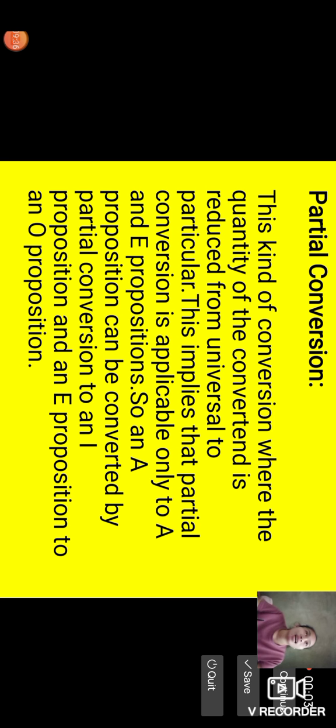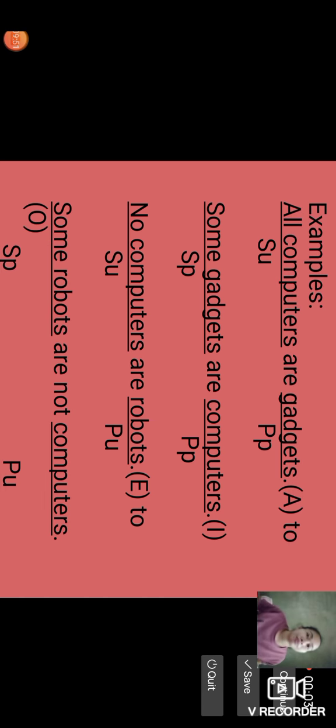What cannot be converted by simple conversion can be converted by partial conversion. Example: "All computers are gadgets." The converse is "Some gadgets are computers." And "No computers are robots." The converse is "Some robots are not computers."